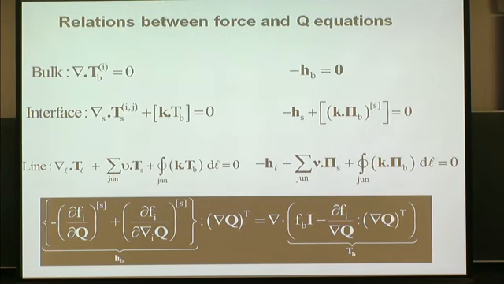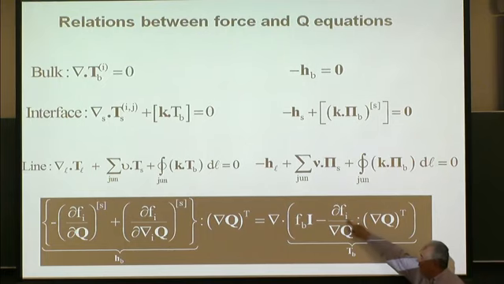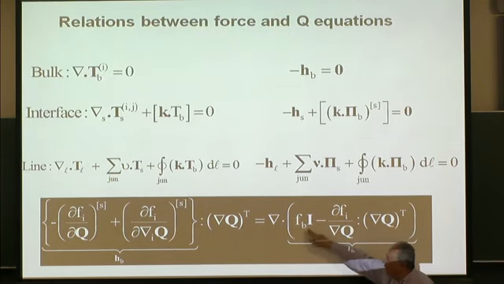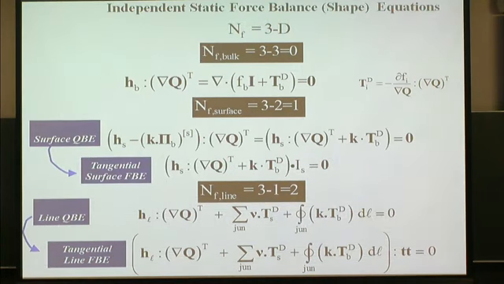And when we do that systematically at the bulk level, this result is for the bulk. This F_i should be F_B, sorry. This is the free energy in the bulk. When you do the same operation at the surface and at the contact line, we find this program here.